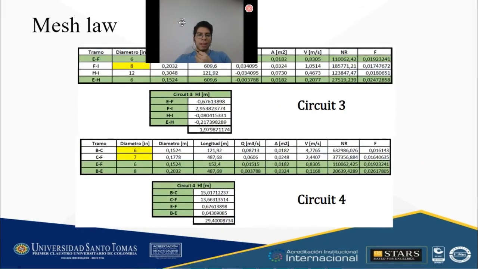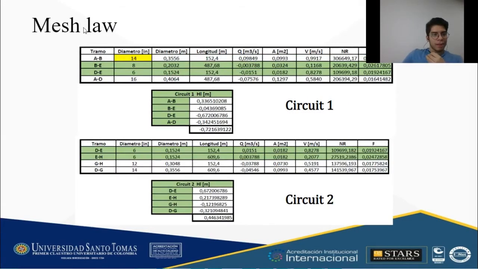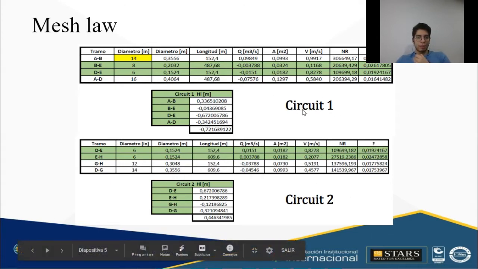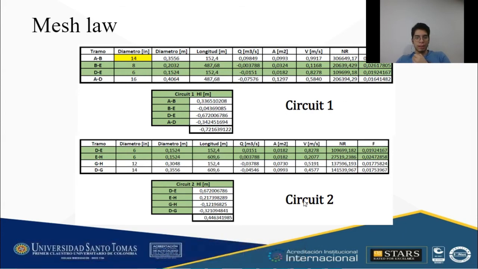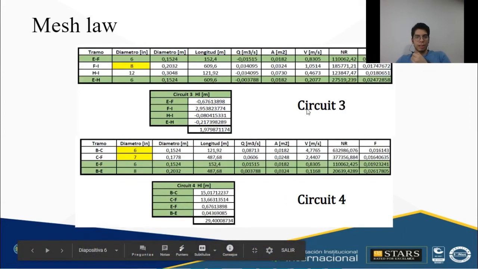The next part is the mesh law, and in the mesh law we assumed the diameters, as we can see. For example, in the yellow section we calculate the friction factor and all the losses for each circuit: circuit 1, circuit 2, circuit 3, and circuit 4.